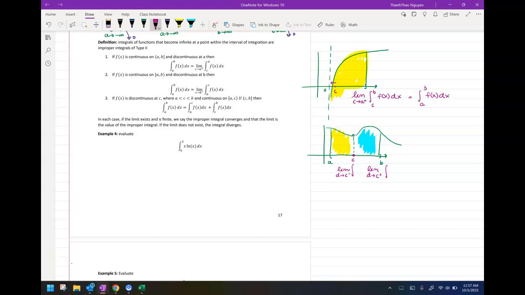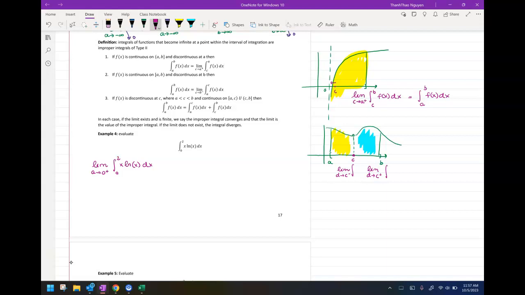So I'll start with the limit as a approaches 0 from the right of the integral from a to 2 of x ln of x dx.